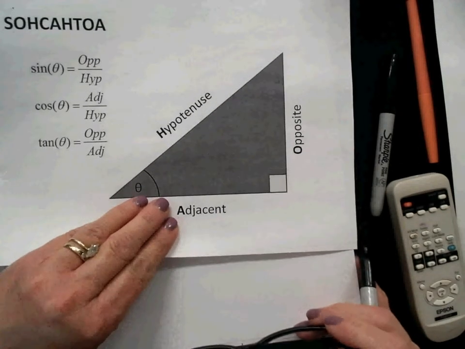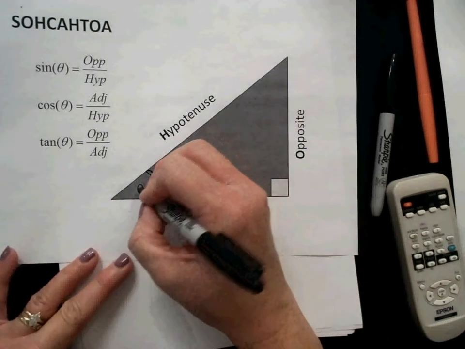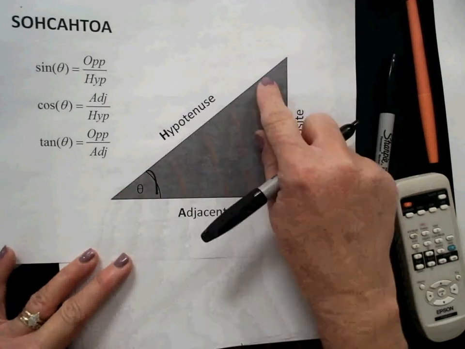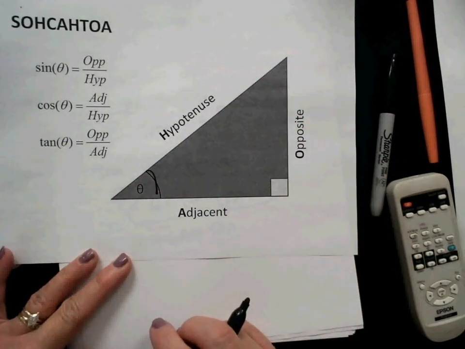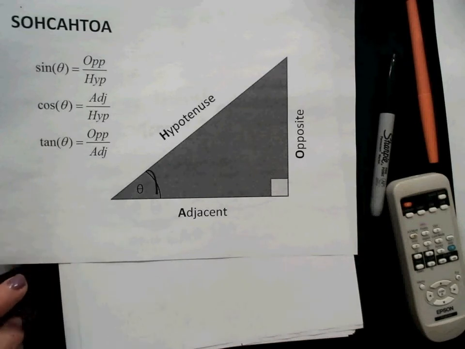And just in case you need to see it, there's your right triangle. So when we're solving this, we're looking for this angle, the angle of the hypotenuse.